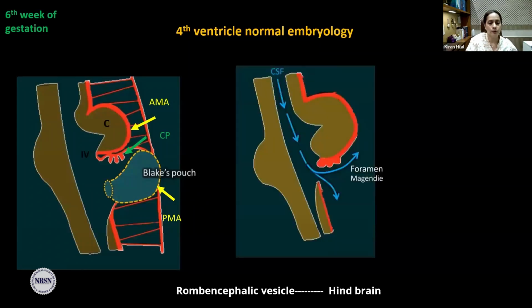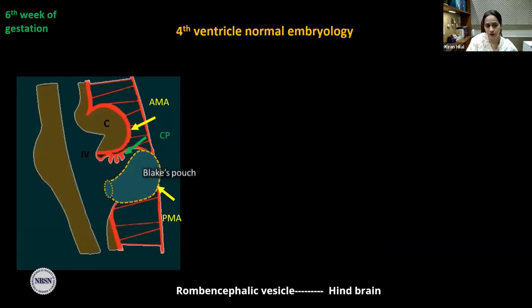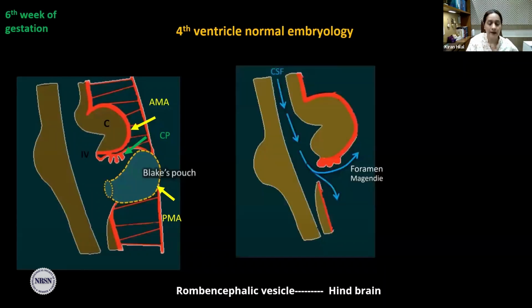The distal, or lower, portion of the rhombencephalon shows cystic dilatation, called the Blake pouch. Between the 6th week and the 12th week of gestation, a cystic structure is formed from the posterior membrane area. So remember, your anterior membrane area forms the cerebellum and 4th ventricle, and the posterior membrane area, or the dorsal part of the rhombencephalon, gives the Blake pouch.